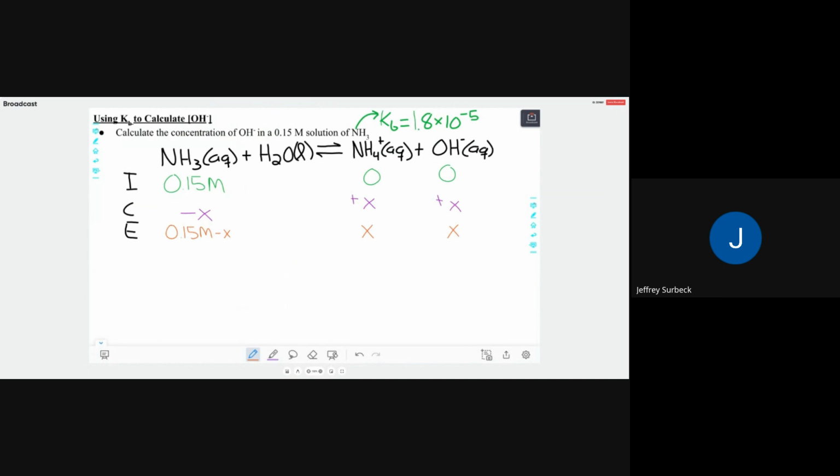When I take Kb times 100, I get 0.0018. Is that number smaller than 0.15? Yeah. Okay. So what I like to do is this. Assumption, I'm going to try to generally make work, but we could cross out this minus X part because our assumption works. Okay.